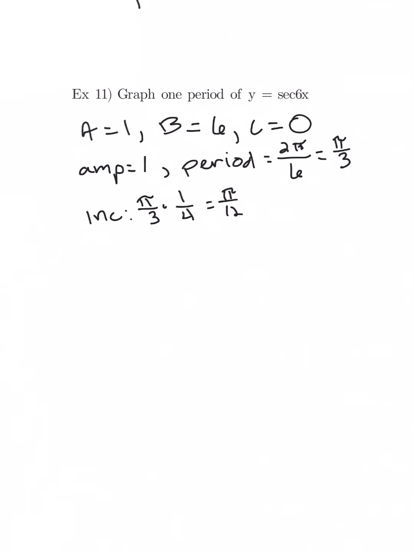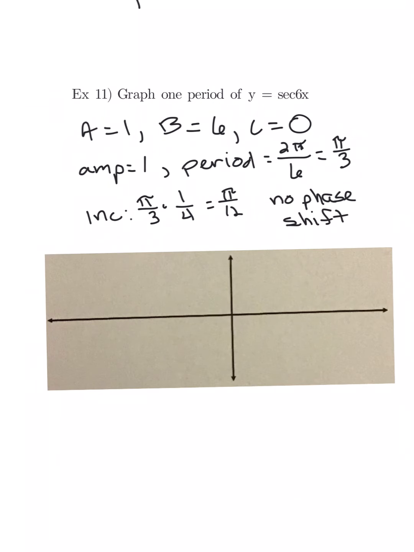Because c is 0, there is no phase shift. Since there is no phase shift, then we are going to start at 0 like both the sine and the cosine always do. Our increments are pi over 12, so that's what we need to count by. So we're going to add pi over 12s until we have a total of 5 marks, with 0 as our first mark.